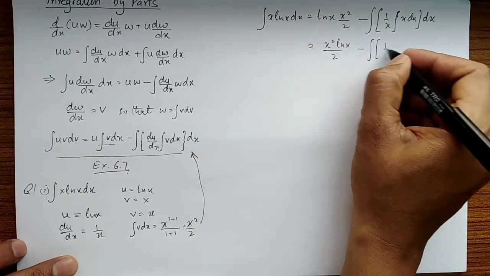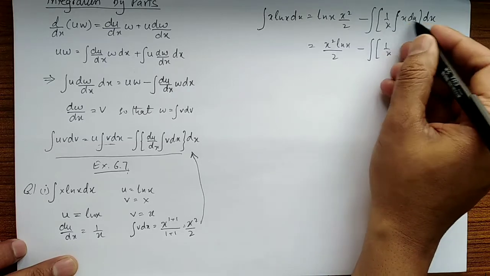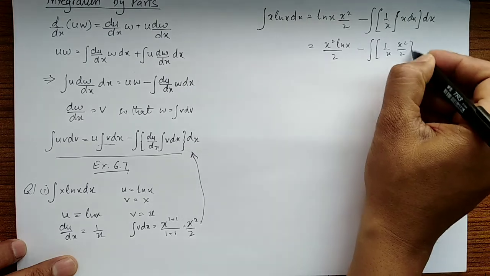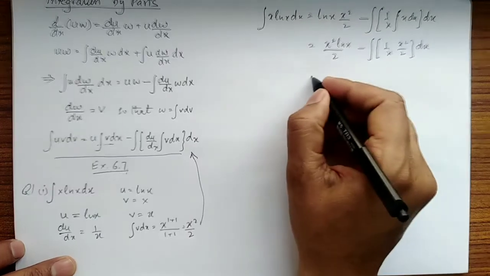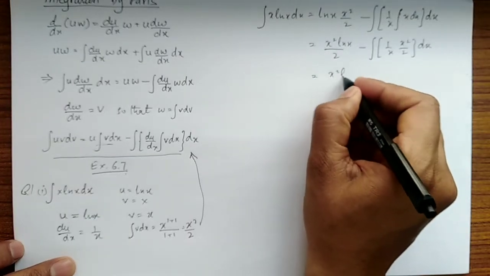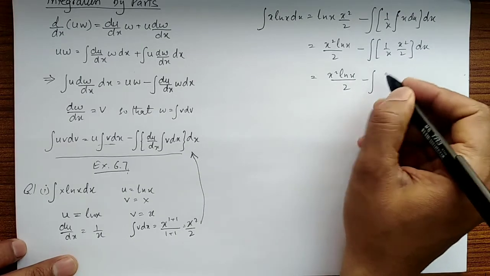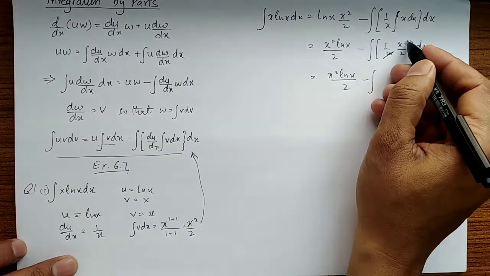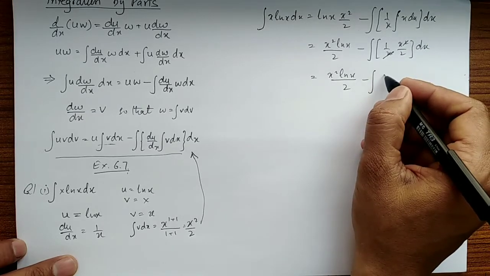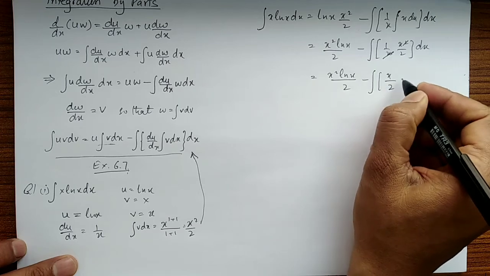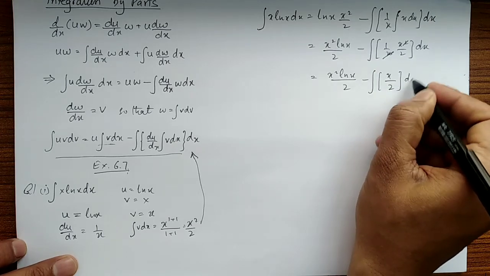So now just rearranging this: x square ln x whole divided by 2 minus the integral of 1 upon x times x square upon 2 dx. Cancel out this x and the x from here, that will give us x upon 2 dx.